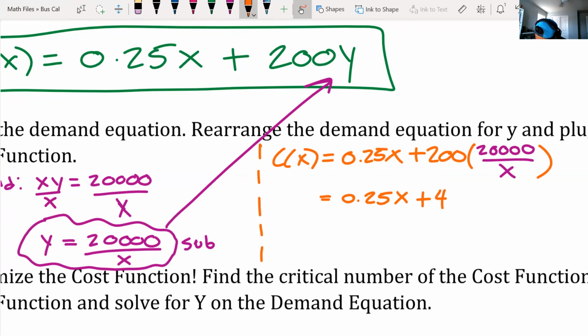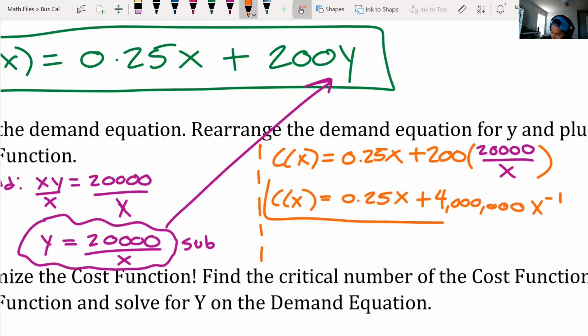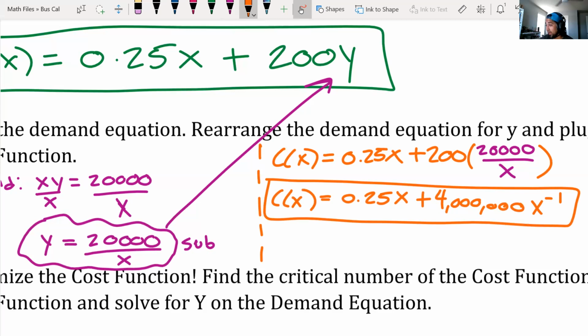1, 2, 3, 4, 5, 6. And I'm going to take this x and flip it to the numerator. So it's going to be 4 million x to the negative 1. And here's my new cost function, all in terms of x.